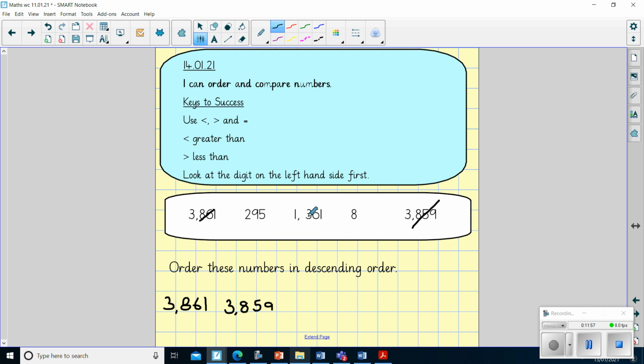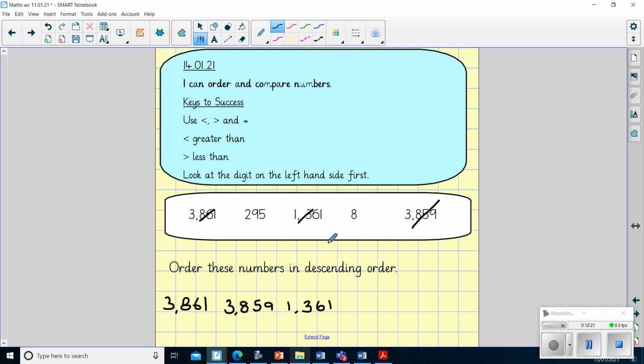Okay, so now we're just left with one other 4-digit number. Because it's a 4-digit number, it's greater than a 3-digit number, so we can write that one down next. Cross it out to show I've done it. So now I'm left with 295 and 8. This has got hundreds, tens and ones.